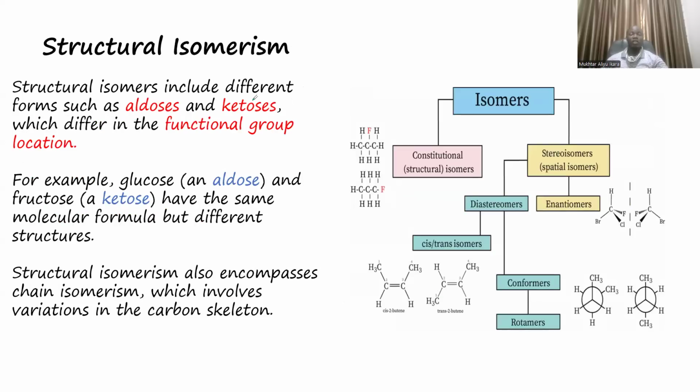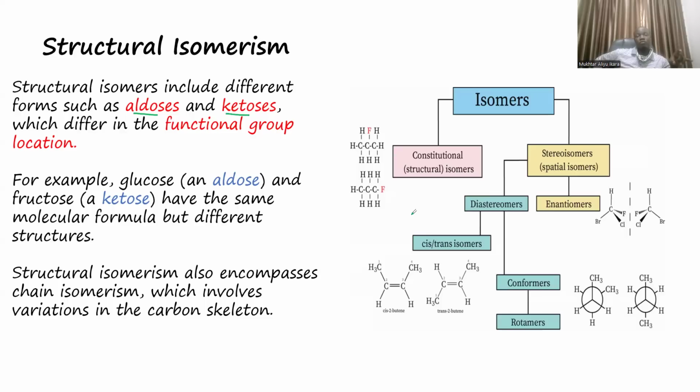So then, of course, let's look at the structural arrangement. This is structural isomerism. Structural isomerism includes different forms such as aldoses and ketoses, which differ in functional group location. If you look at those sugars that have an aldehyde functional group or a ketone functional group, the most important thing to understand is that the only difference between them is the functional group.